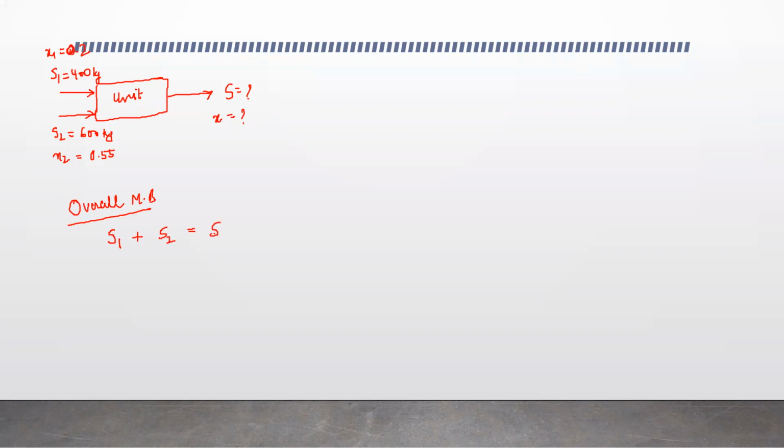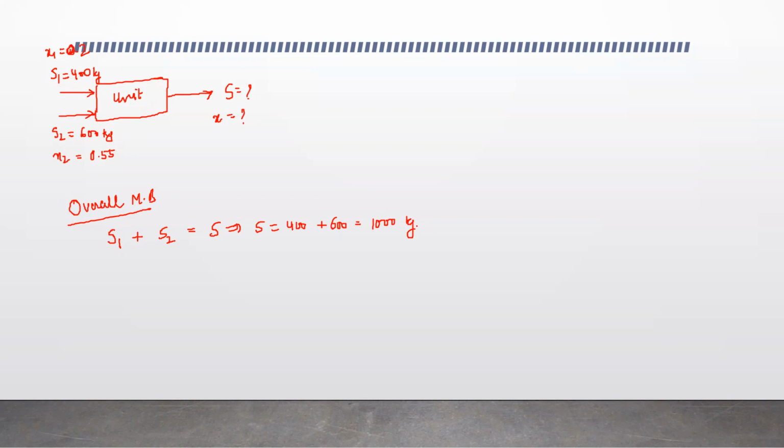S1 plus S2 is equal to S. So S1 is 400, S2 is 600. So S is equal to 400 plus 600. So from the first equation itself, we have got S, which is 1000 kg.